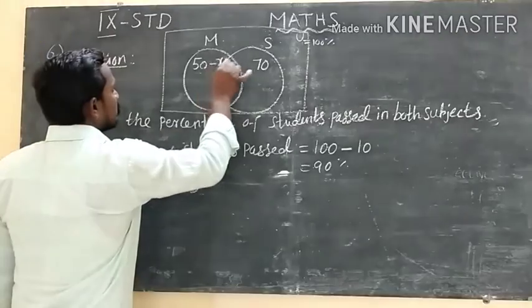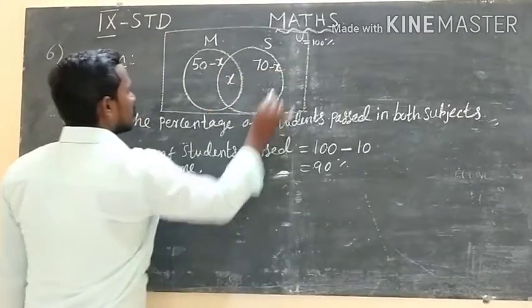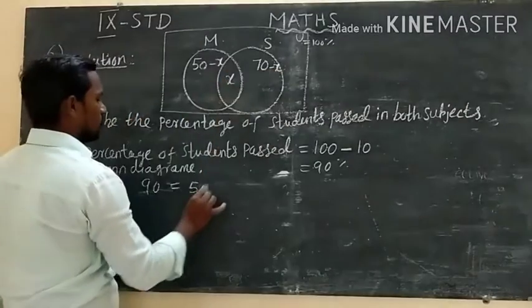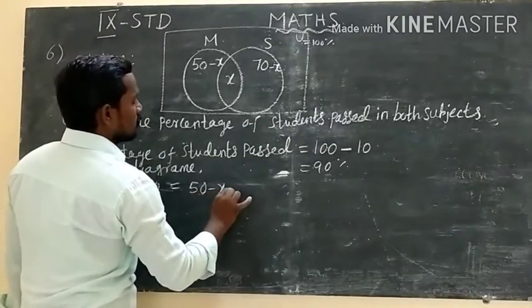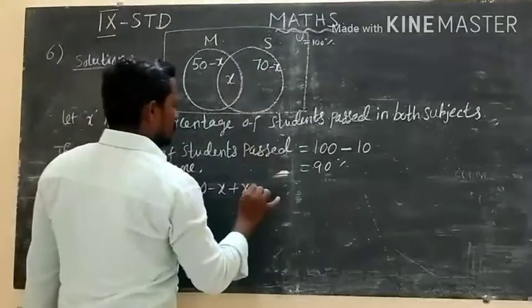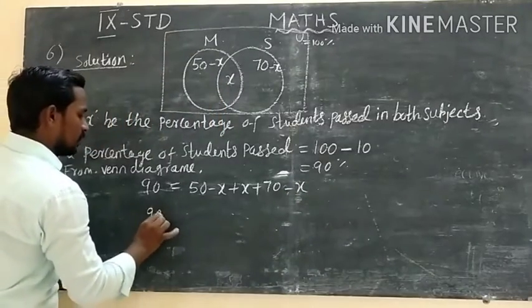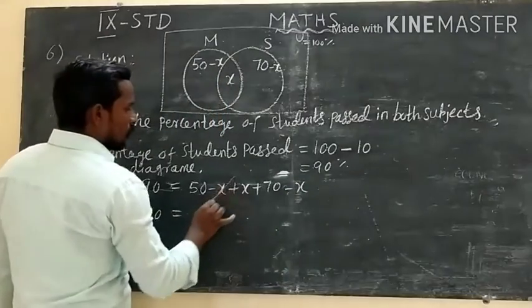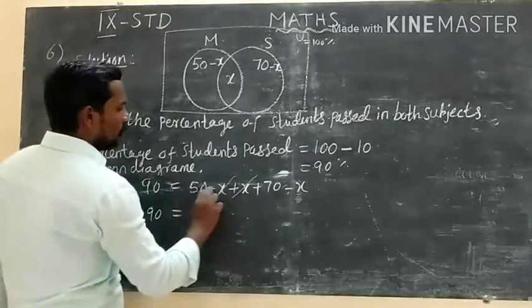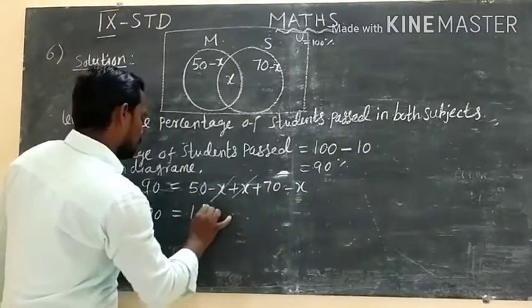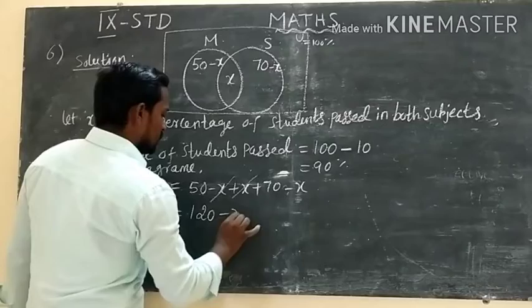So subtract x, and 70 minus x also. This is the second step: 90 equals 50 minus x plus x plus 70 minus x. The minus x and plus x cancel, and 50 plus 70 gives 120 minus x.